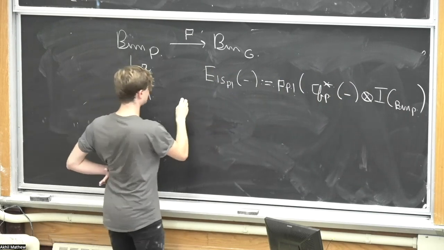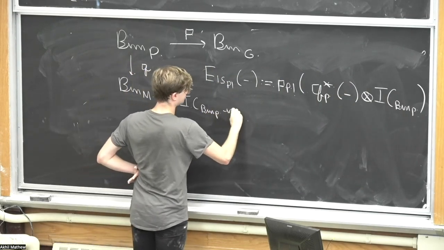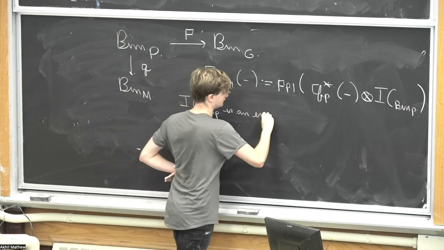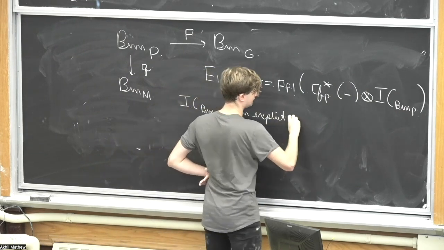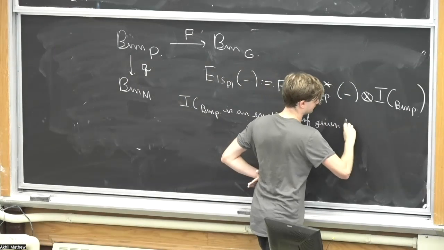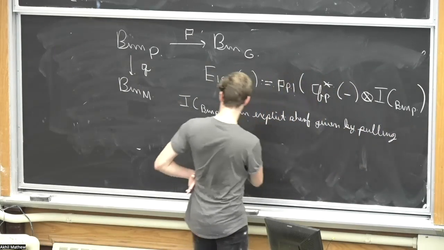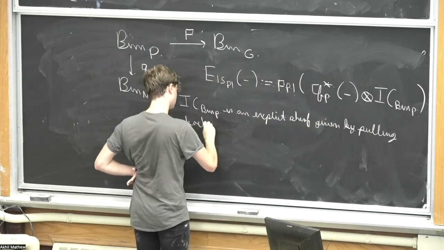So let me just say IC_Bun_P is an explicit sheaf given by pulling back the modulus character.